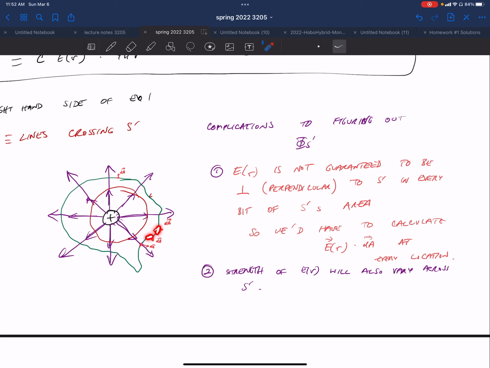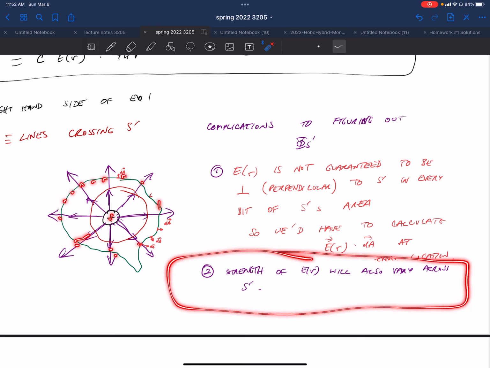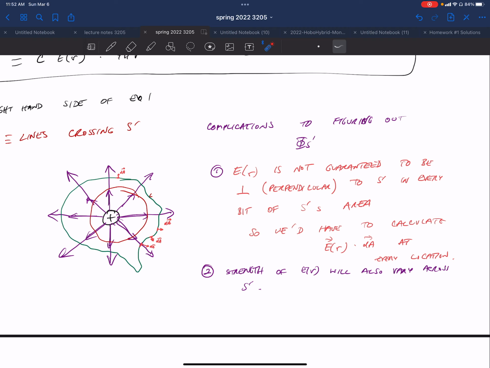So you have to calculate what part of that electric field is perpendicular to the area. The second thing is that the distance the electric field has from the charge at any point on this weird area is going to be different, so you can't count on the strength either. Those are the two issues you have with S prime.